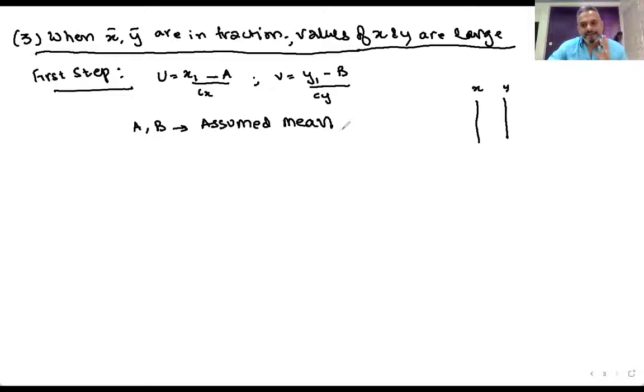Okay, so we'll be taking some assumed mean for x and for y. So that is a and b. Cx and cy are common divisible numbers. Now, what are these common divisible numbers? Come to illustration number 10, page number 76.